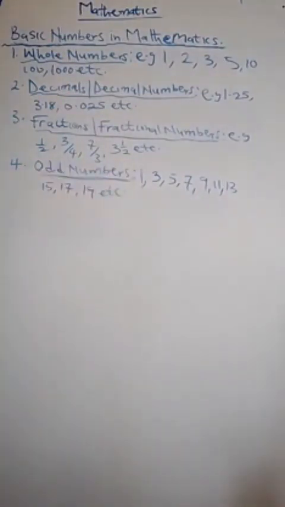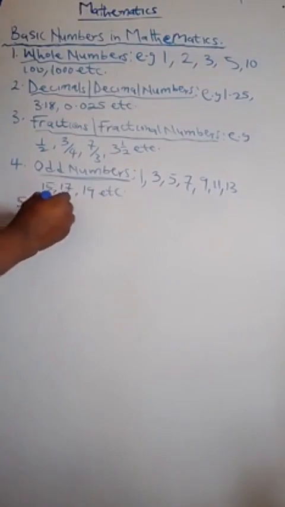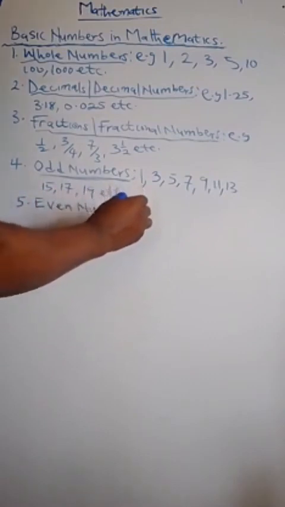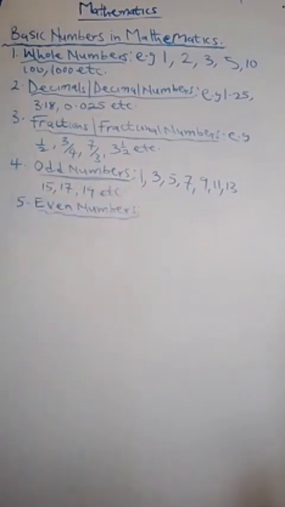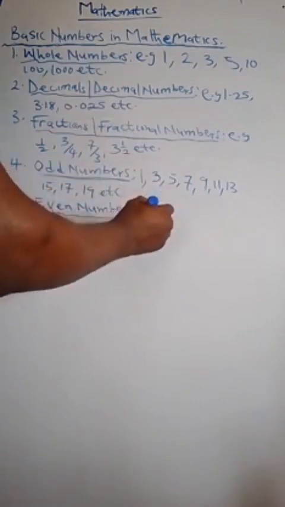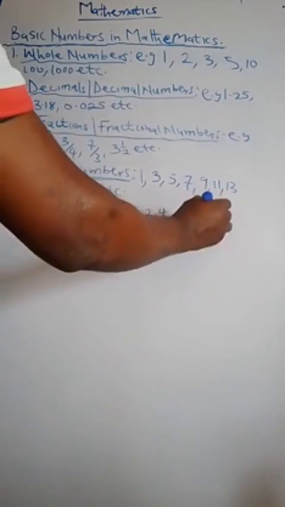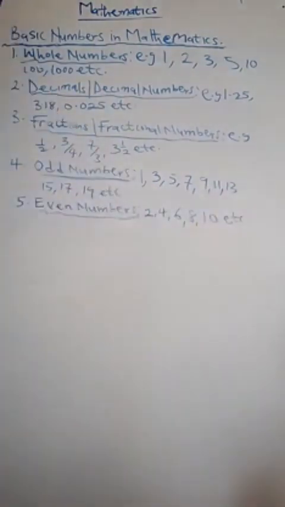All these are odd numbers. We also have even numbers. An even number is a number that can be divided by 2. E.g., we have 2, 4, 6, 8, 10, and many more. All these are even numbers.